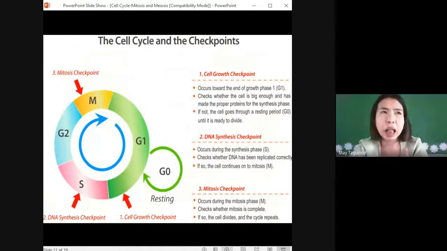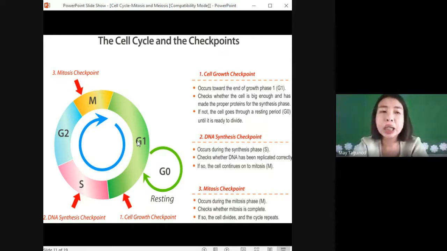In the cell, there is also a checkpoint and control point. There is a regulatory protein called cyclins that controls the cell cycle at checkpoints. The G1 checkpoint decides whether or not the cell will divide.